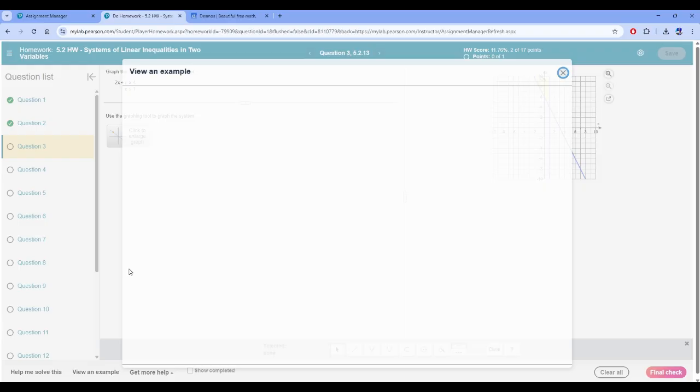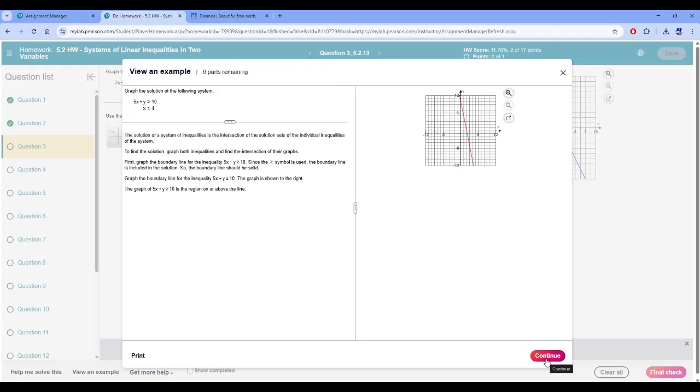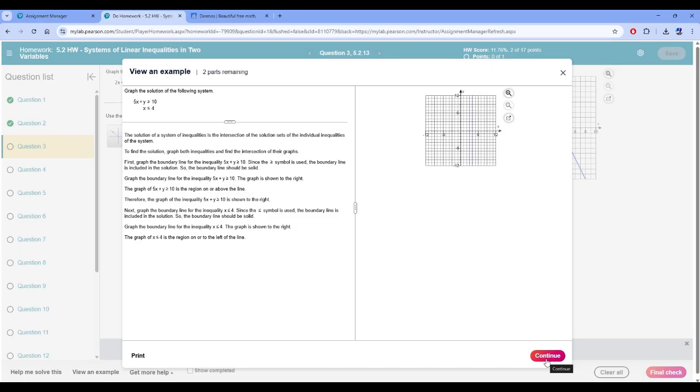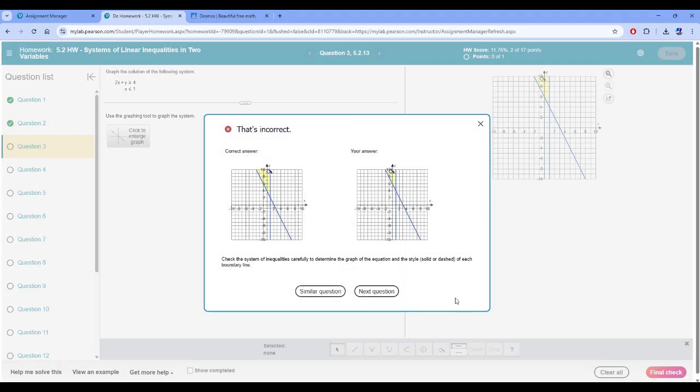What is it looking for? Let me see what it's looking for in terms of the graph. I got that, I got that, I got that. Why isn't it working? What did I miss? Did I miss it by one point?